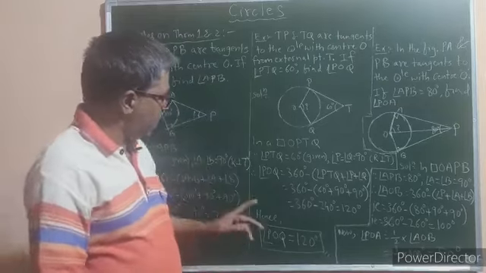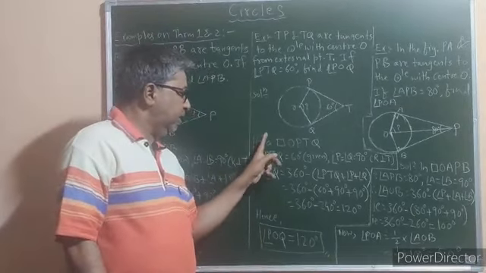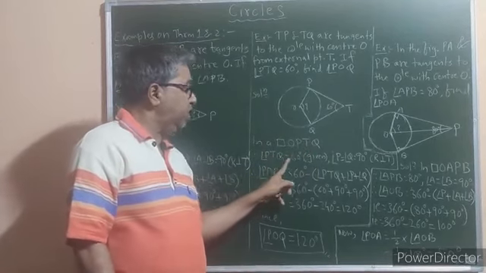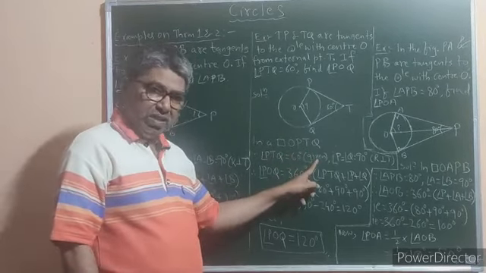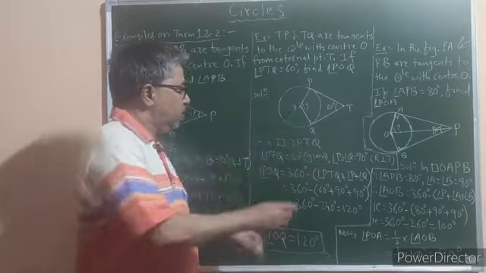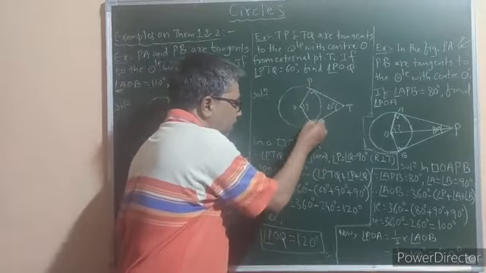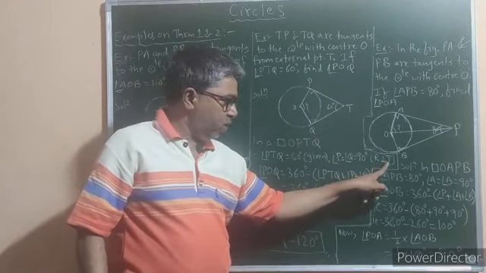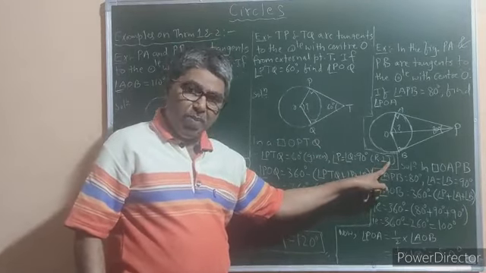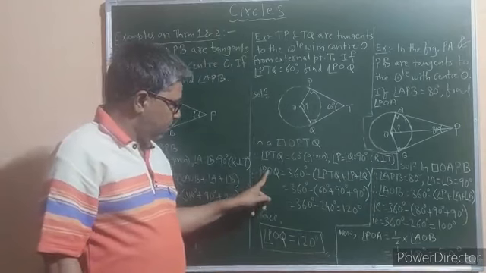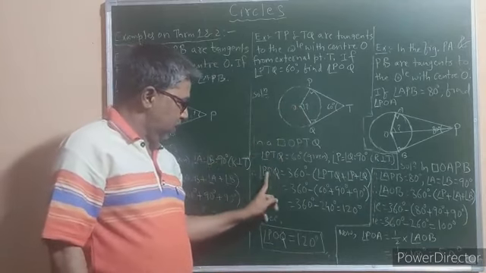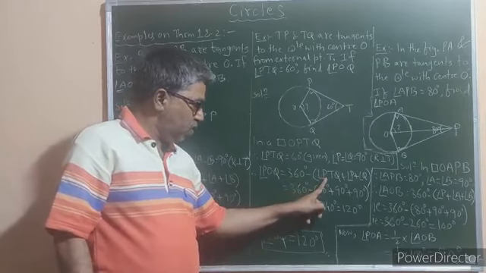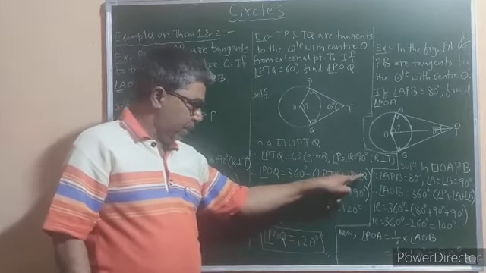Now in the same way, in quadrilateral OPTQ, angle PTQ is equal to 60 degrees. It is given. Angle P is equal to angle Q is equal to 90 degrees, because OP is perpendicular to PT from theorem number 1. Therefore angle POQ is equal to 360 degrees minus (angle PTQ plus angle P plus angle Q).